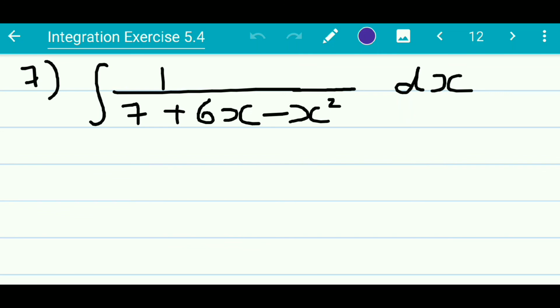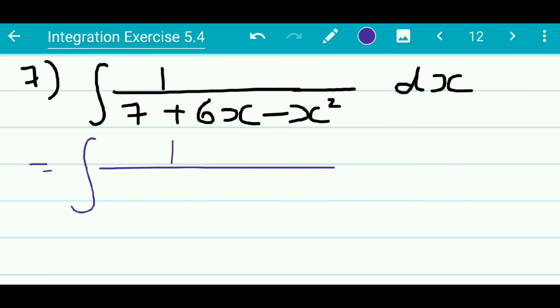Now in this case, to apply either of the formula, first we have to make this minus x square positive. So here we make it like this: 1 upon, see, whenever minus x square comes in the third term, we write it this way.